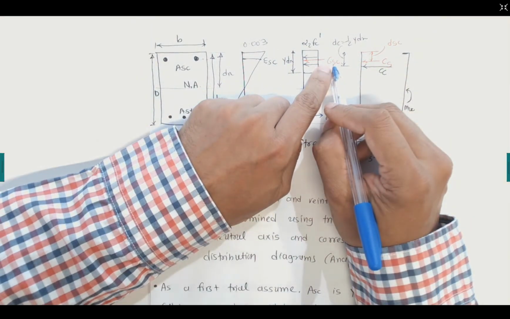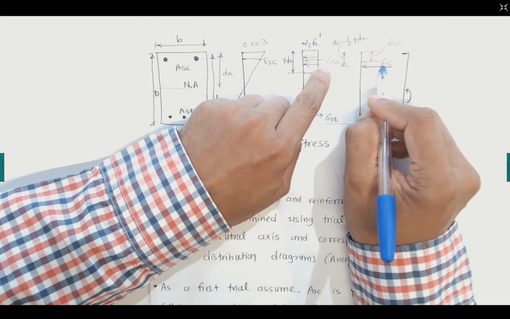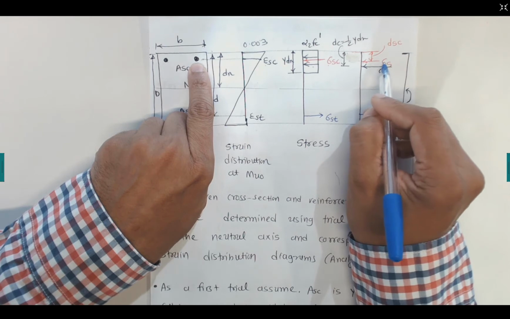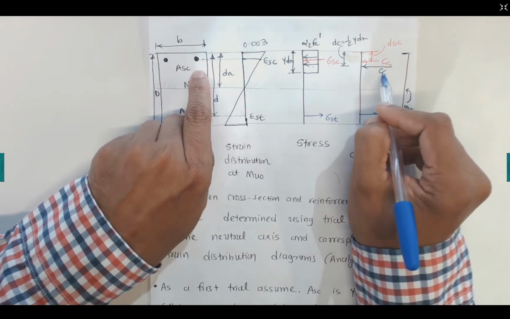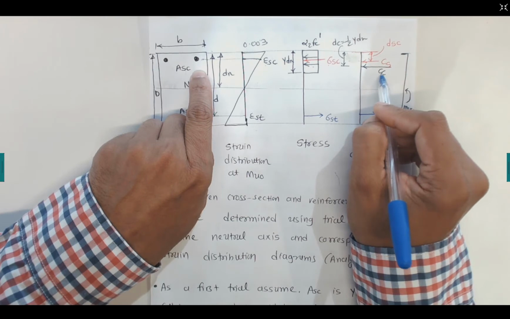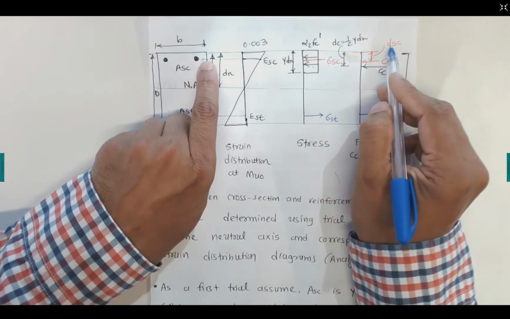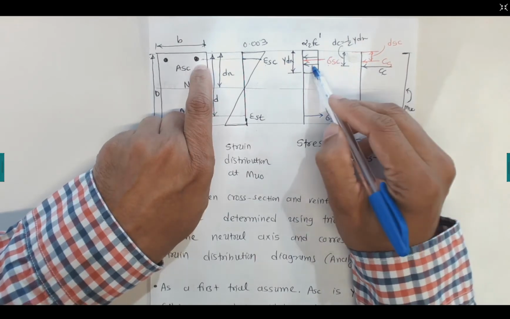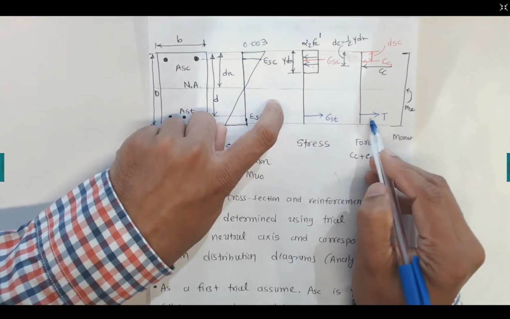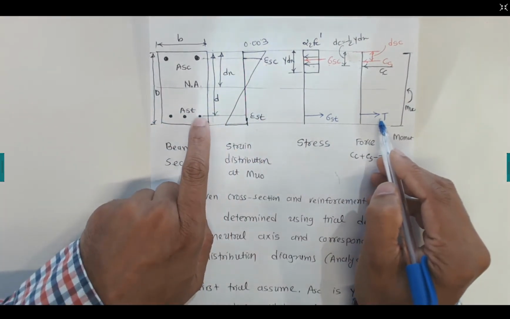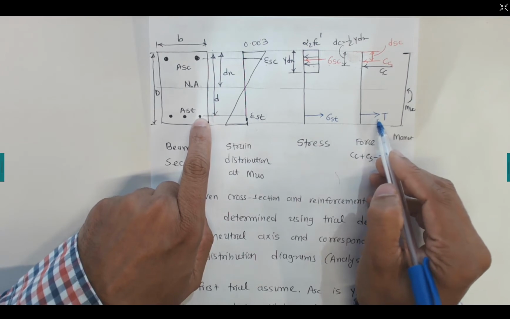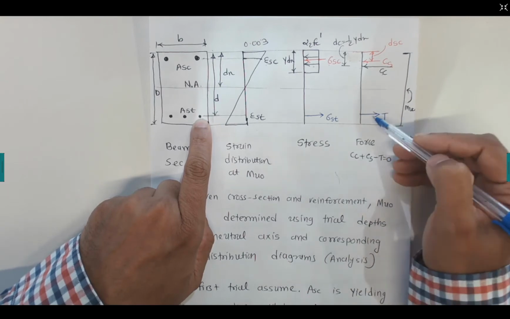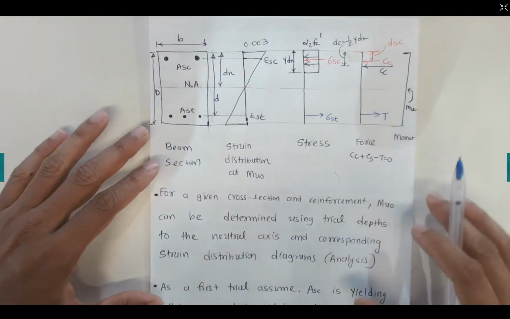The stress in the steel times the area of the top reinforcement gives us the compression force in the steel, and we have a compression force in the concrete. Please note this distance is the distance from the center to the top fiber, and we have this centroidal distance of half gamma dn, and we have the tensile force in the bottom reinforcement. We can calculate Muo by taking moments, which we will discuss later.